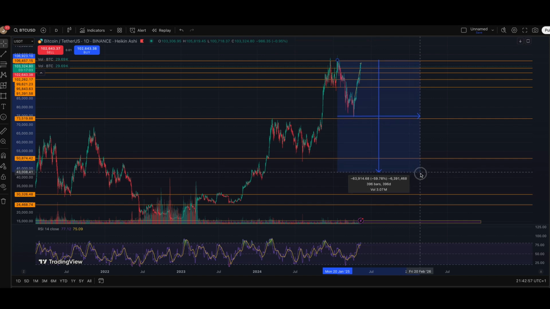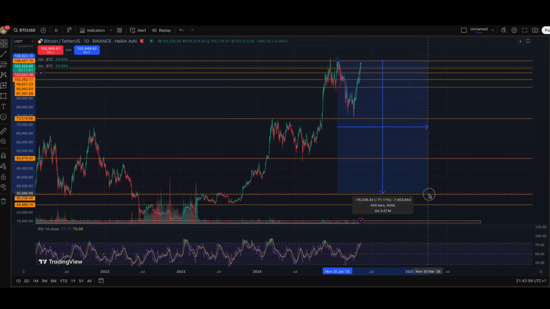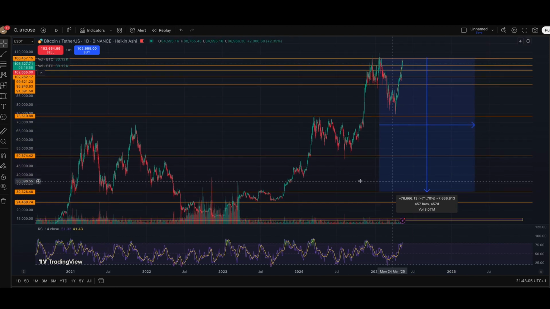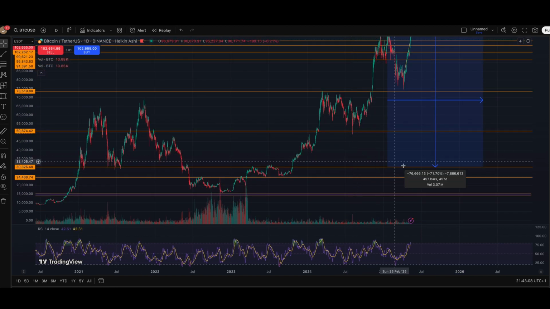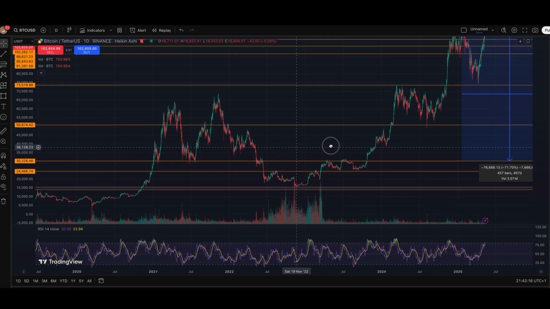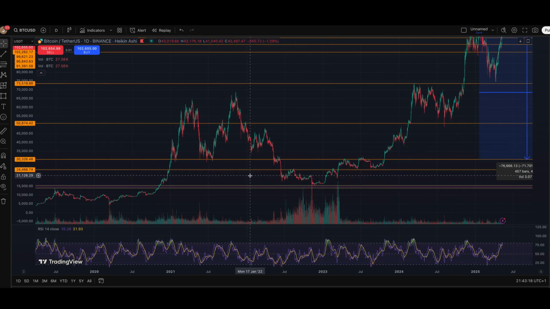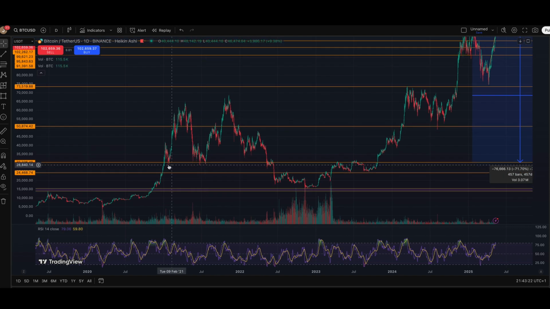77% pullback. This is 70, and the reason I just hold it at 70 is that this particular support resistance line at 30k is quite an important one. 30k, 24, because there's been so much action on the higher time frames within these areas.